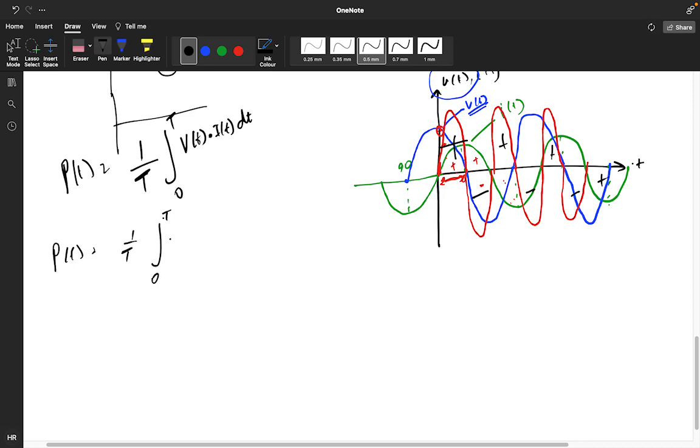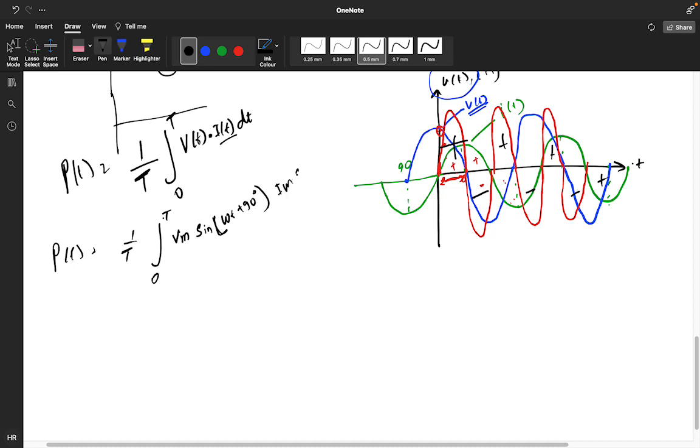What is V of t? V of t is Vm sine omega t plus 90 degree. And what was I of t?